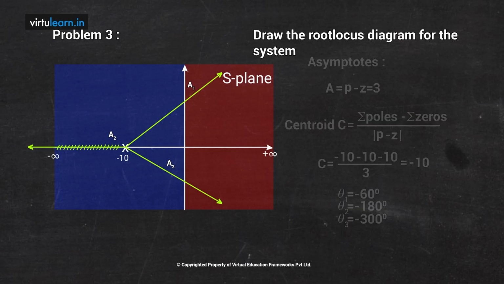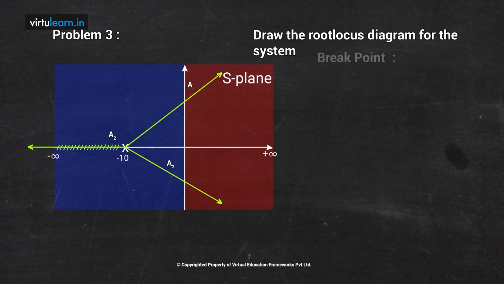Next we need to calculate the breakpoints, and look at whether the breakpoint possibility is there or not. Now there are 3 poles at this point. On the right hand side you don't have root locus area, on the left hand side there is root locus area, but there are 3 poles.